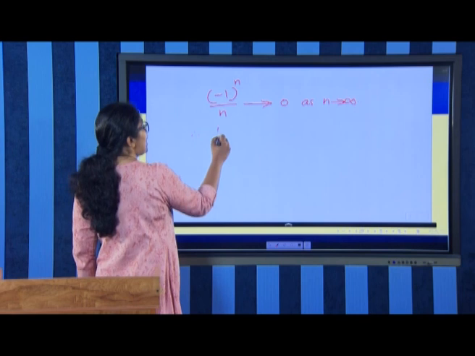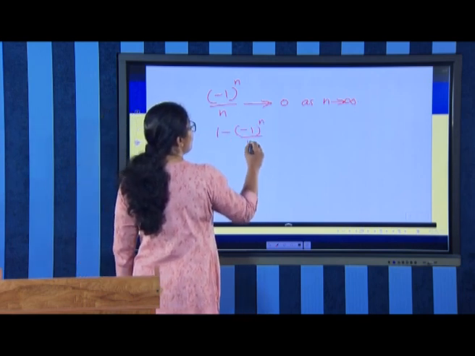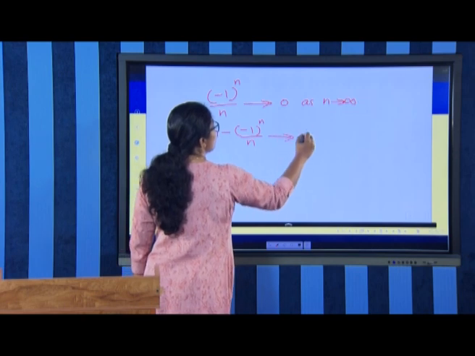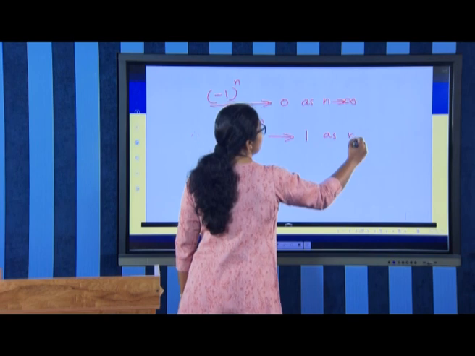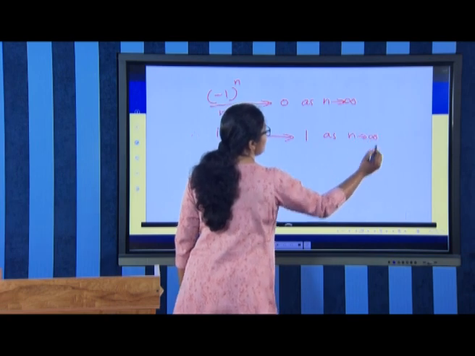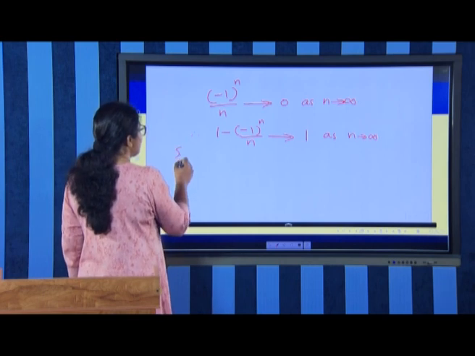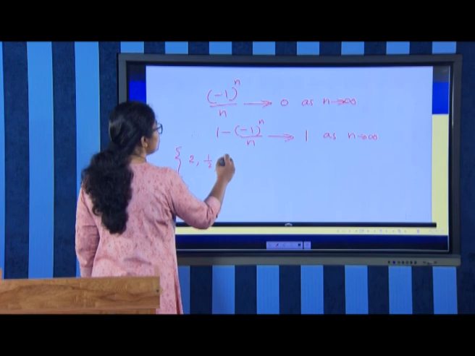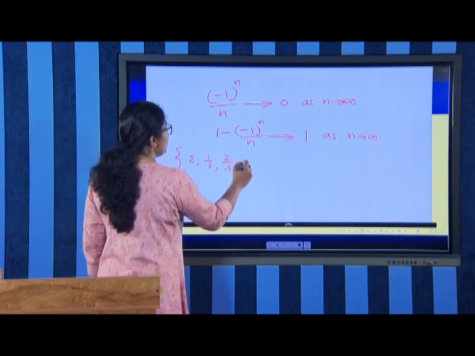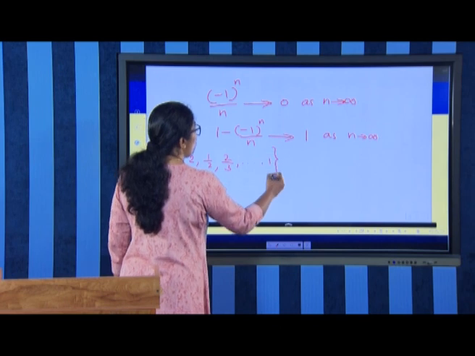Therefore, the elements of the set 1 minus (-1)^n upon n tend to the value 1 as n approaches infinity. So, we have the elements of the set listed something like this: 2, 1 by 2, then 2 by 3 and so on. Finally, we will be getting 1.